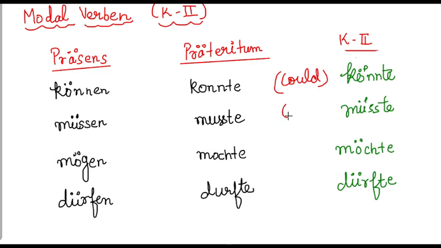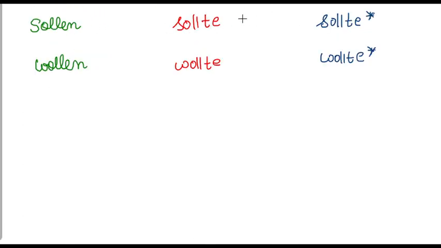Müsste is obviously must or have to. Möchte is would like. Dürfte is in the sense of may, or allowed to. Simple. Sollte is should. Wollte is a little bit different, it means would want, but we will see that after some time.